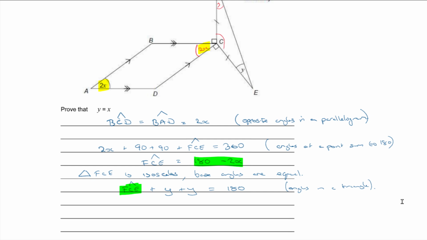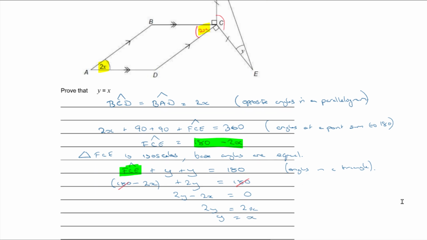So replacing that in there then, I get 180 minus 2x plus y plus y, that's plus 2y, is equal to 180. Okay, so then that 180 and that 180 cancel, so I've basically got 2y minus 2x is equal to 0. So taking the x to the other side, I've got 2y is equal to 2x, and then dividing through by 2, I'm going to have y is equal to x as required.